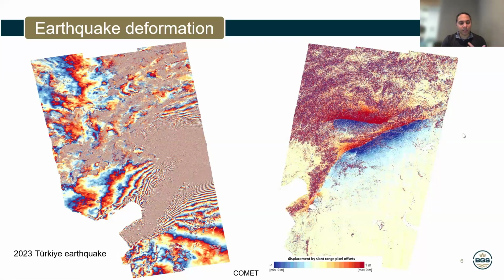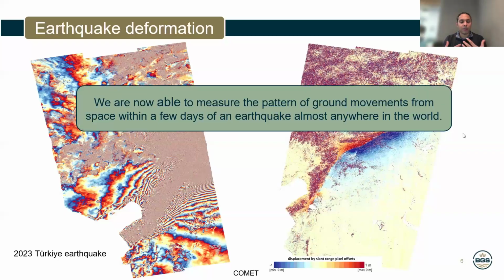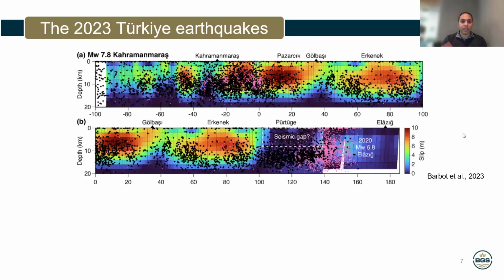Once we have this data, we can start doing modeling, and we can do this anywhere in the world. This is a slip inversion. Looking onto the fault of that main 7.8 earthquake, you can see where along the fault that energy or slip was released.